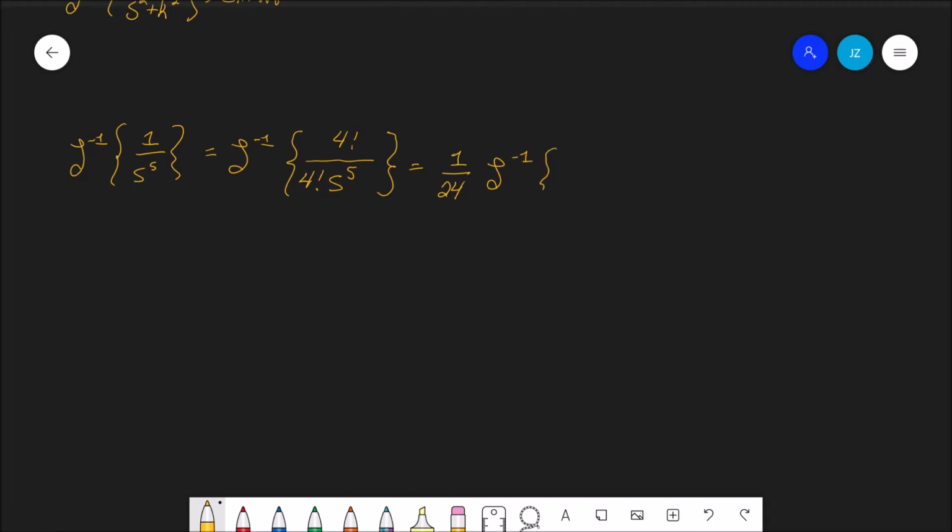And we're going to be left with 4 factorial over s to the 5th power. Rewrite it as 1 over 24 inverse transform of 4 factorial over s to the 4 plus 1, just to force it to fit the form. The inverse transform of 4 factorial over s to the 4 plus 1 is t to the 4th power. So this transform is t to the 4th over 24.